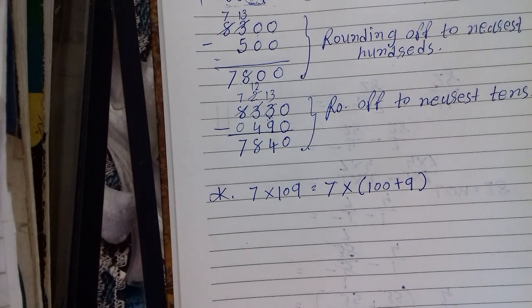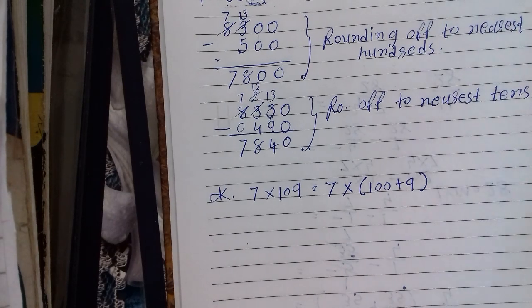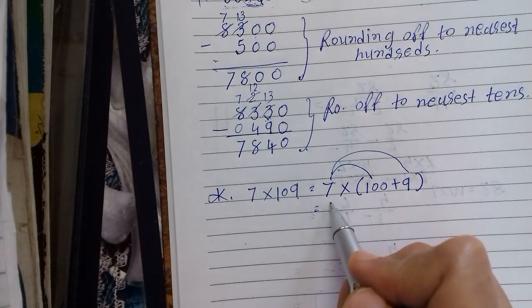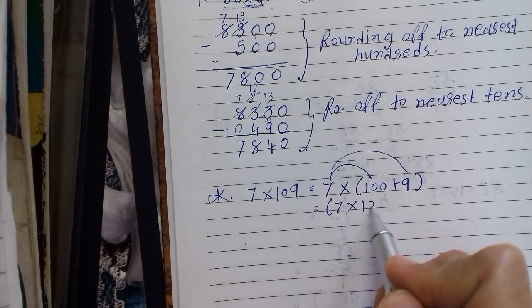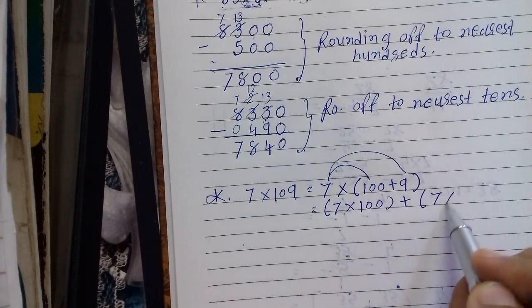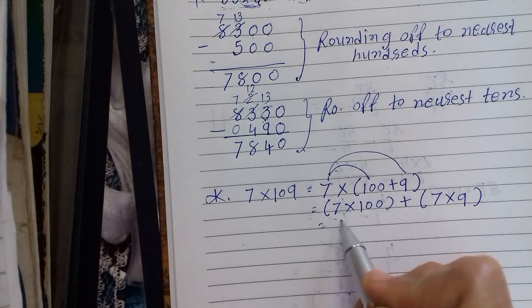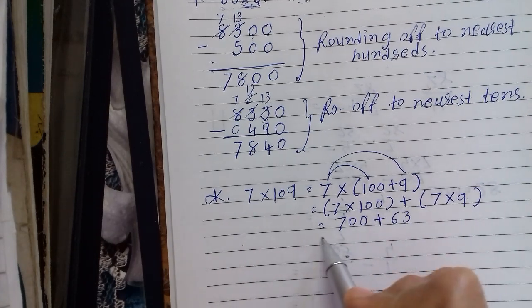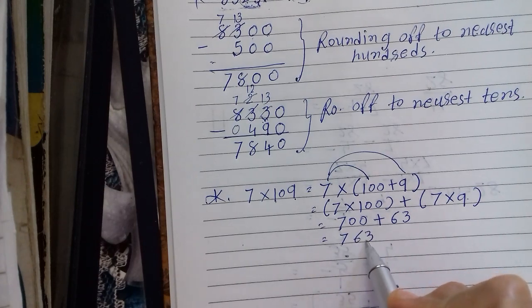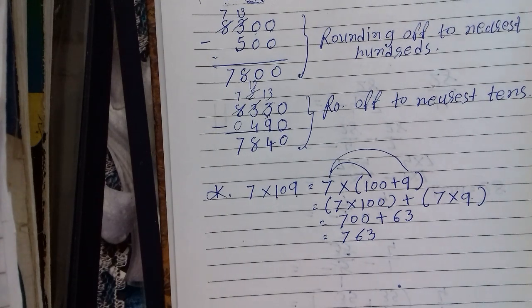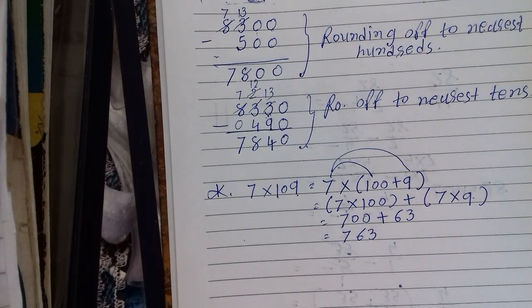Then use distributive property. In one bracket 7 multiplied by 100 plus in second bracket 7 multiplied by 9. So 700 plus 9 sevens are 63. So 763. So by using brackets you can do this product.